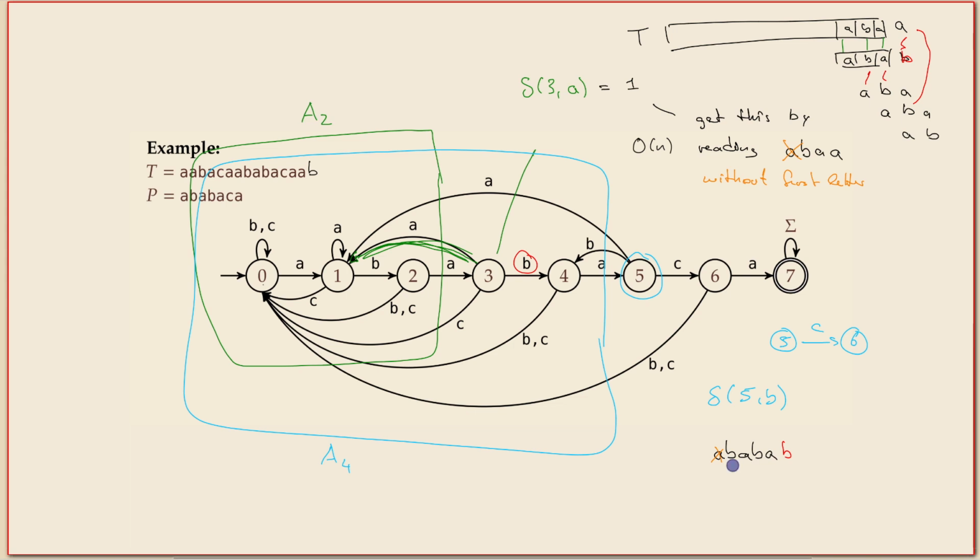So we look in the blue automaton, where do we end up when we read BABAB? Start at 0, B, A, B, A, B. State 4. And that's where we're supposed to end up. Okay. So manually, it's not a terrible way to build it for a small pattern.